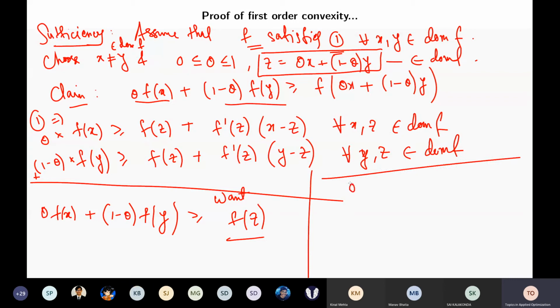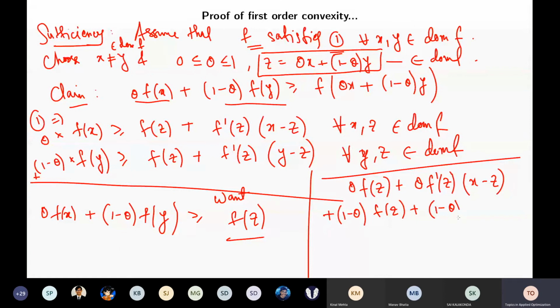So the right hand side will be theta f(z) plus theta f prime of z times (x minus z), plus 1 minus theta f(z) plus 1 minus theta f prime of z times (y minus z). From here I know that theta f(z) will cancel with this 1 minus theta f(z), so from these two terms I am going to get f(z). Now the question is whether these terms will vanish.